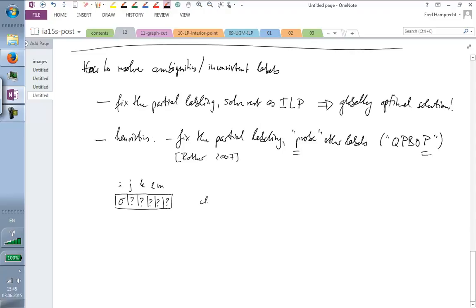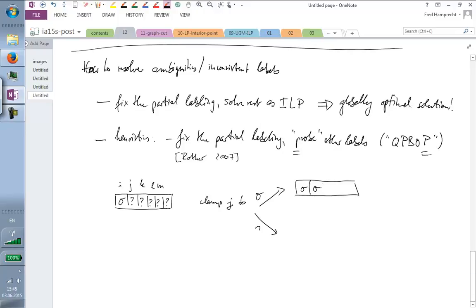I can clamp my label in J to either 0 or to 1. And then I get a solution which I know must be 0 here because this was already partially optimal.